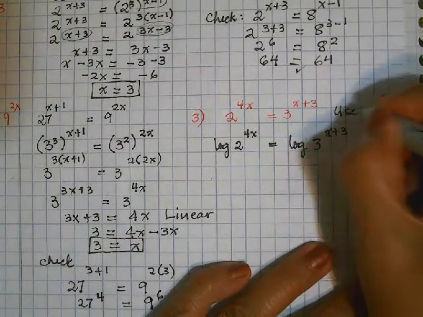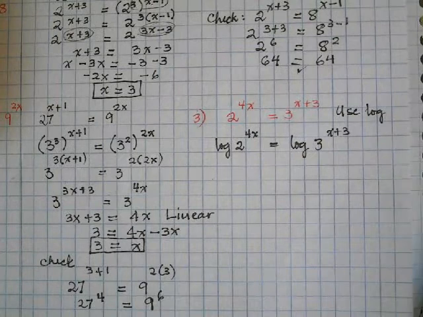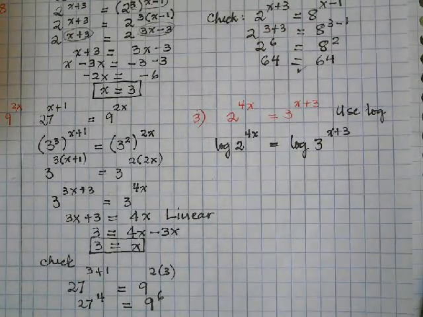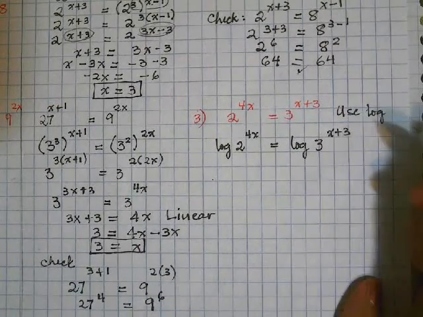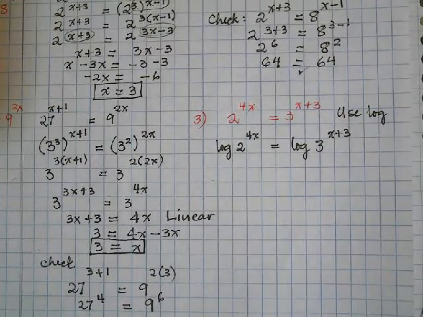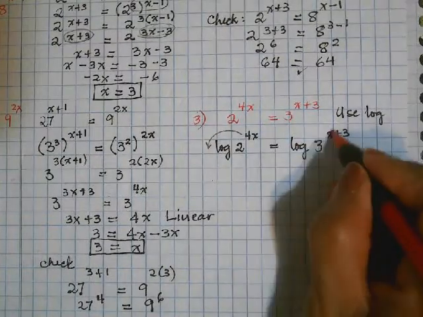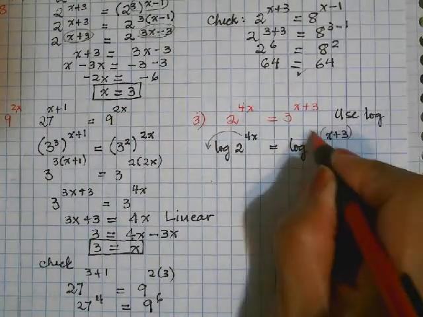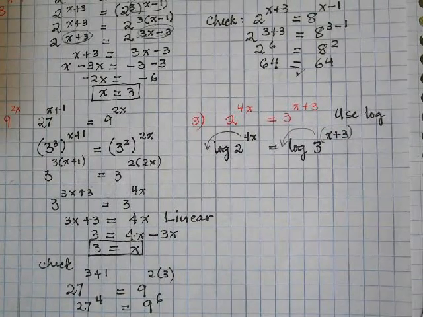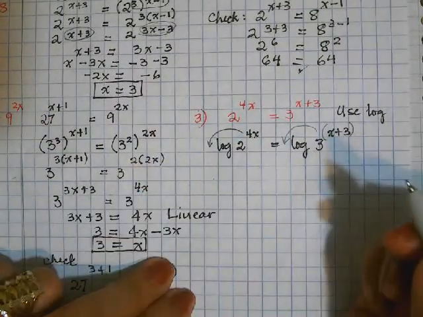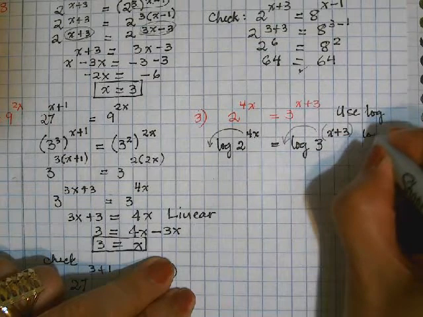You will use logarithm because you cannot make them the same base. After that, you're going to expand using the log of a power. In the log of a power, if you have a power here, you know it goes in front, right? So this whole thing will just go in front here and be multiplied.